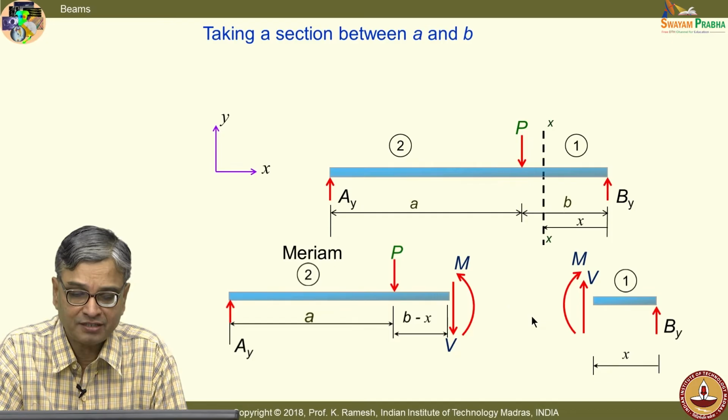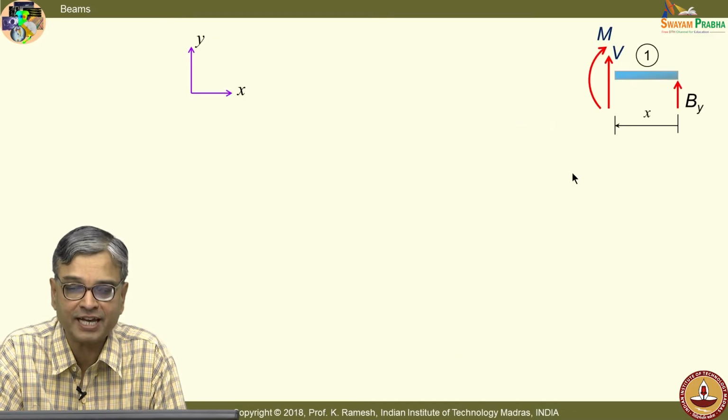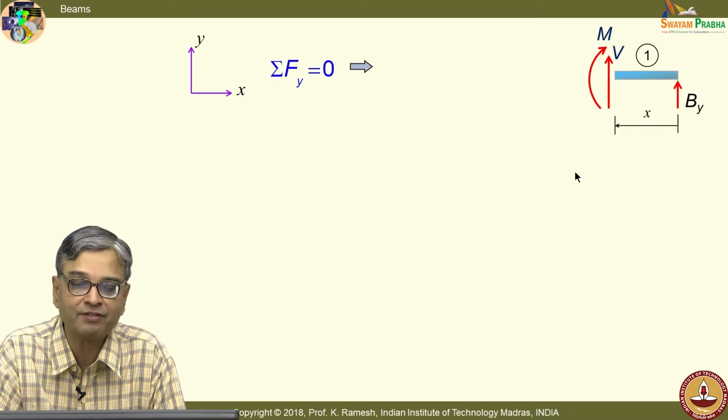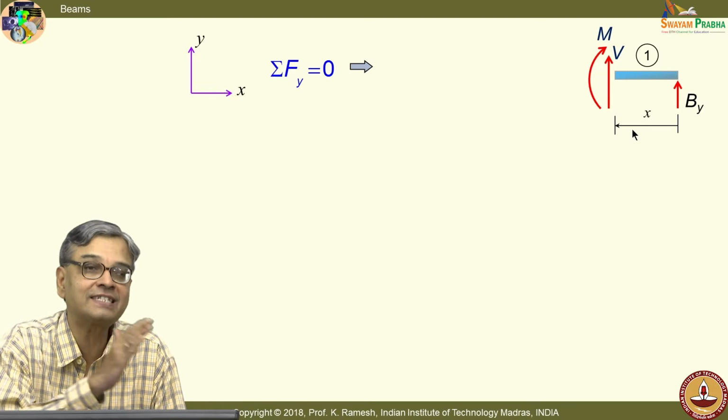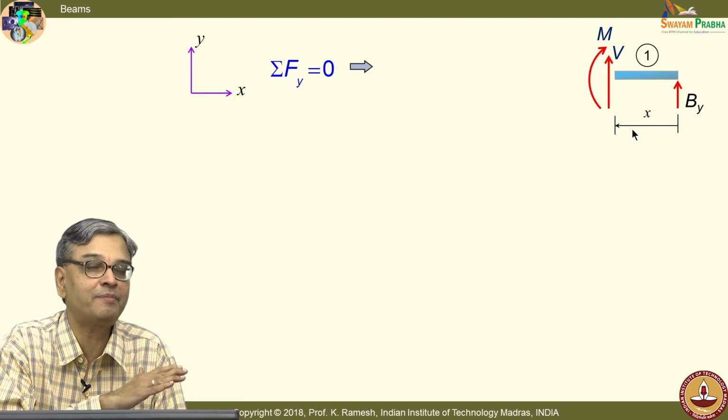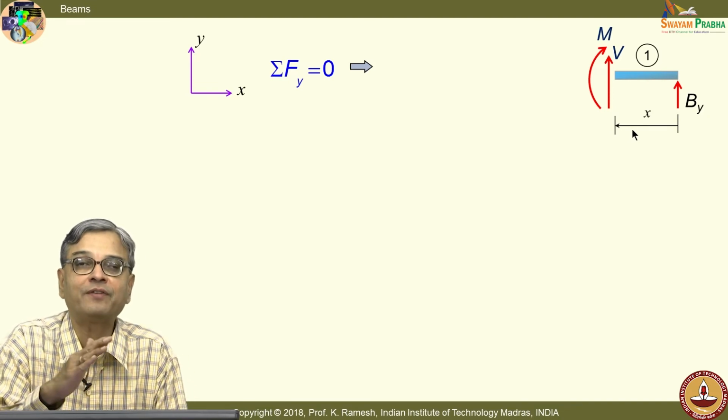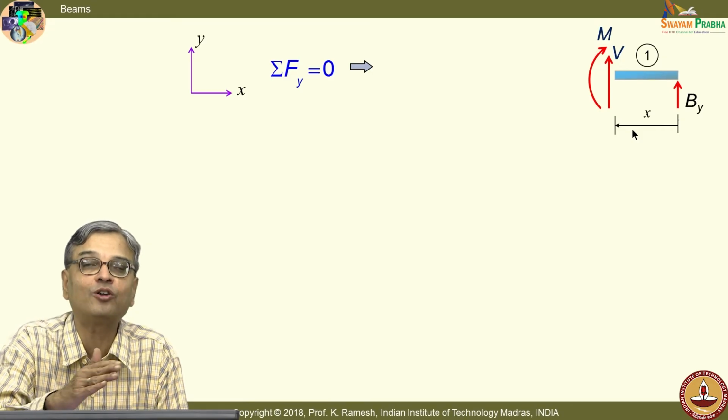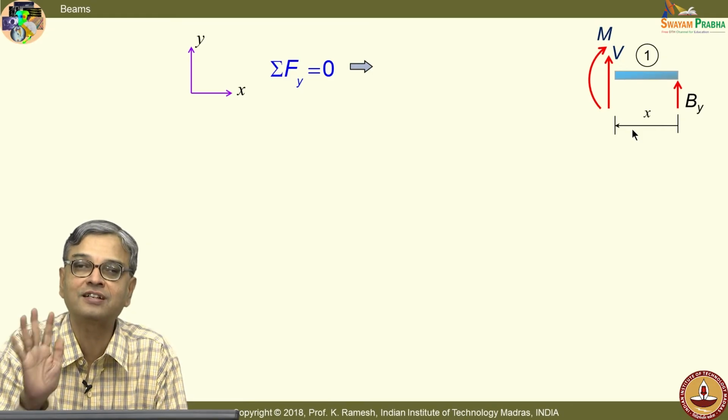But since we are learning it for the first time, to make ourselves convinced, we will get the results from analyzing segment 1 as well as segment 2. So that we make sure that whether you take the free body by the long winding route or the shortest route, the results are the same.